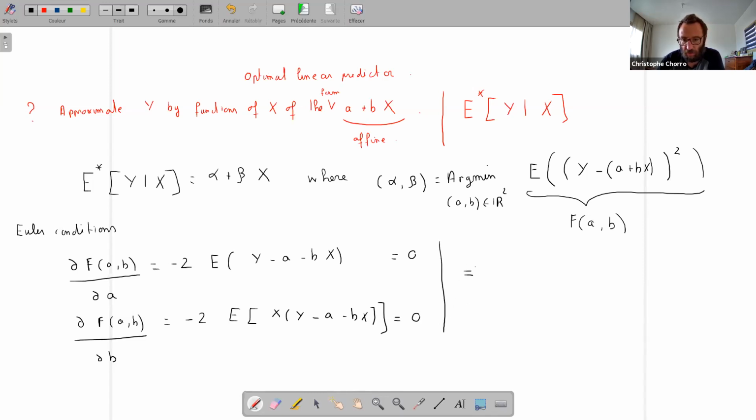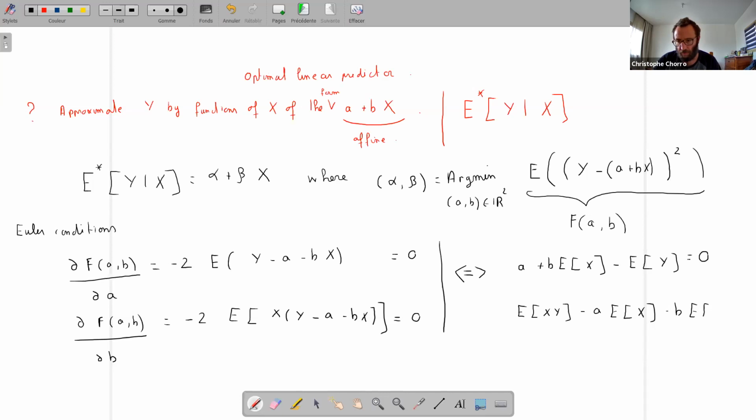And in this situation, the system can be written very basically in the following way: A plus B expectation of x minus expectation of y is equal to 0, and expectation of x y minus A expectation of x minus B expectation of x squared is equal to 0.